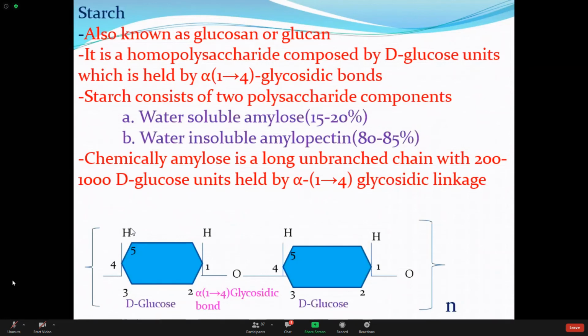I have not shown number 6 here. For the other glucose, this is number 1 carbon atom, number 2, number 3, and number 4. The joining of the two glucose molecules happened with number 1 carbon atom of one sugar and number 4 carbon atom of the other sugar. That's why it is called a 1,4 glycosidic linkage. Am I clear?